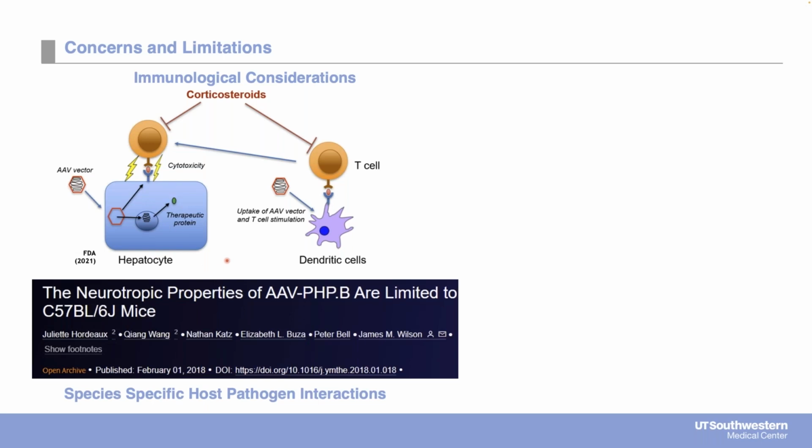Additionally, more centered around AAV engineering is the species-specific host-pathogen interaction. As groups are engineering adeno-associated virus, we've found that some engineered capsids have specificity to specific species, and therefore are not as translationally useful in larger mammal studies or even humans, such as the case for PHP.V.